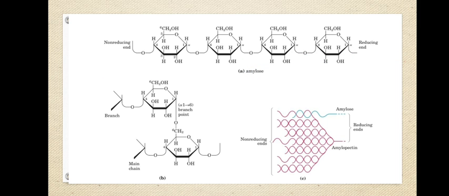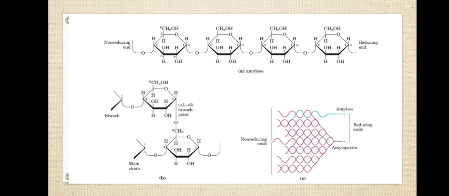Amylopectin is similar to amylose because it is also formed of these linear glucose chains.